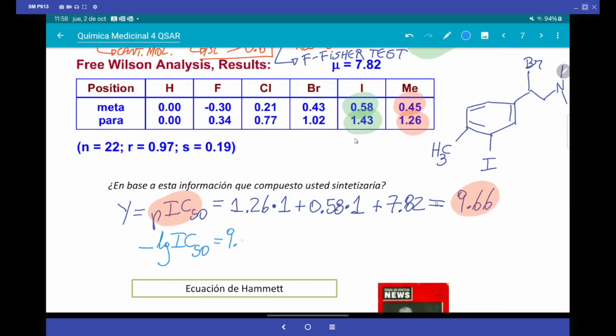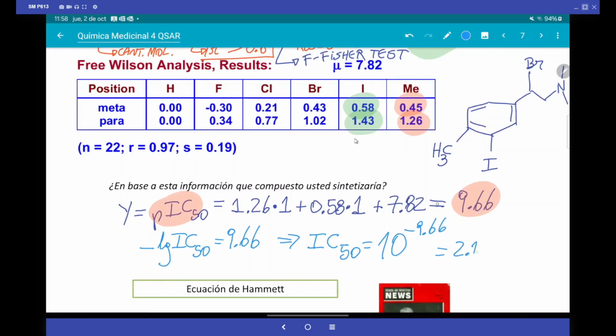Then the IC50 is equal to 10 raised to minus 9.66, that is, 10 raised to minus 10. In other words, if nano is equal to 10 to the minus 9, it would be exactly 0.219 nanomolar, very well. That would then be the value of the IC50.